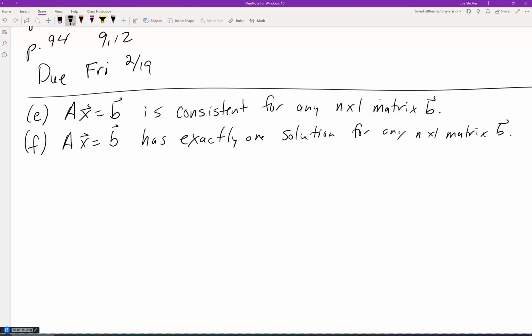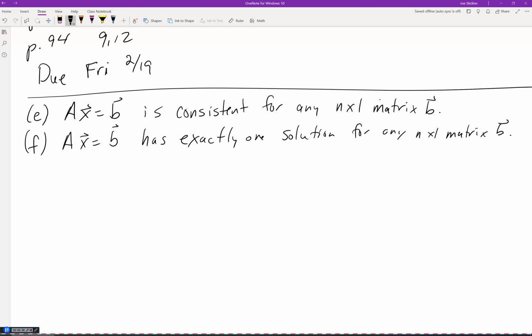So certainly, if it's invertible, we get exactly one solution. If there's exactly one solution, certainly that would imply that this works, right? If it has exactly one solution, it's certainly consistent. So we get A implies F, F implies E. So to complete another circle, we would do E implies A and finish off the circle, right?